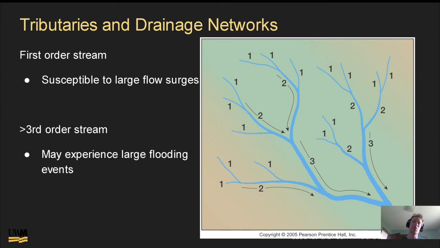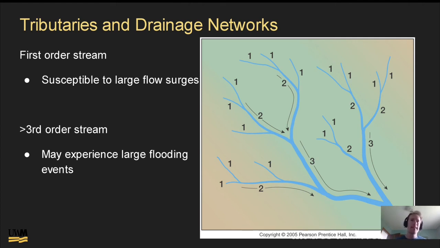So the flooding is going to occur downstream in these high orders, but the high flow surges would occur in the lower order streams, but they drain very quickly. So that's how you can differentiate what this actually means on the ground, or rather in the water, what low order streams are versus high order streams are.